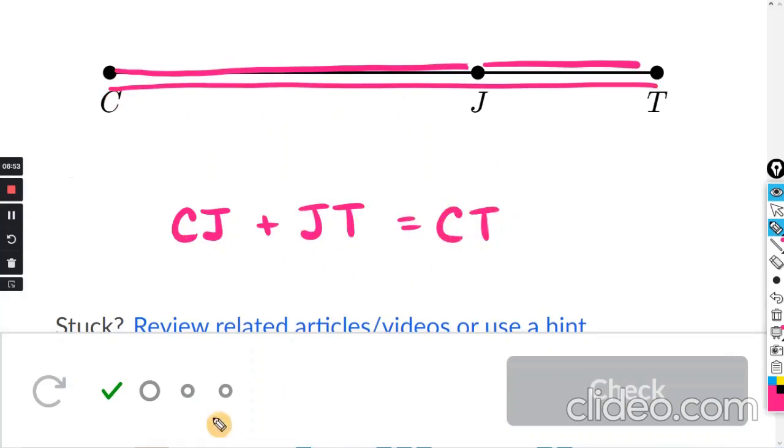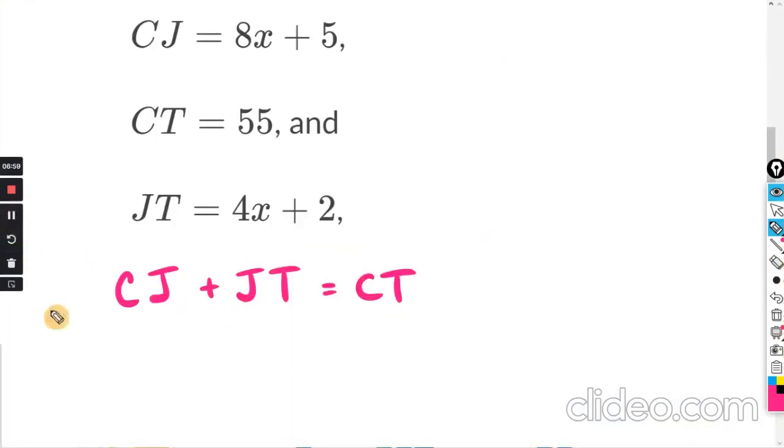So do the equation first, based on the drawing or diagram. Once you have your equation, you can sub in the expressions. For CJ, we can see CJ is 8x plus 5.